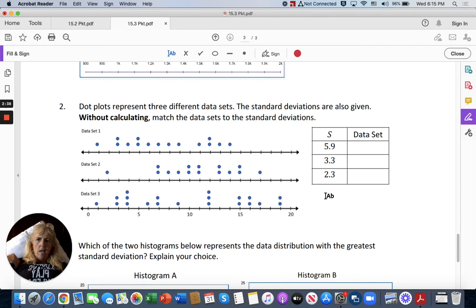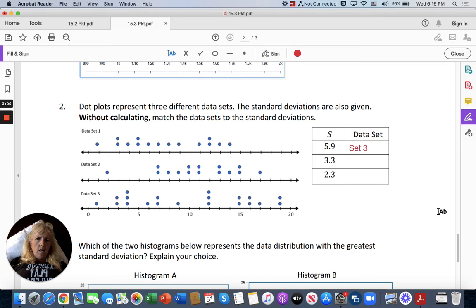If they're clumped together, they're going to be the smallest. If there's lots of variation, it's going to have a wider standard deviation. Since these are all spread out with not a bunch clumped in the middle, this is the largest standard deviation. That would be this one, and we say that is set 3.